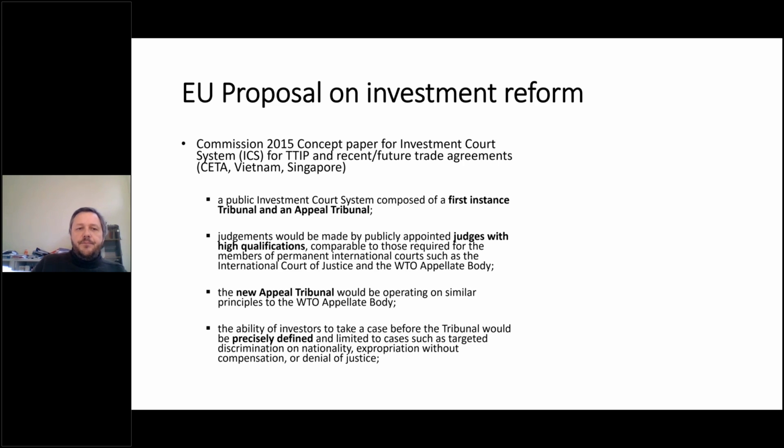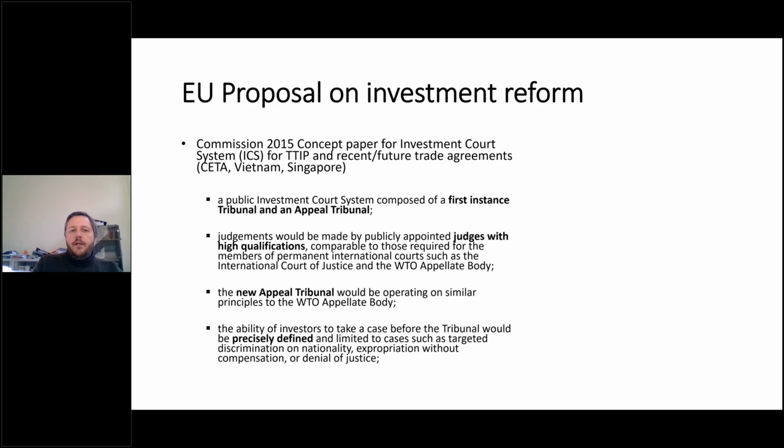And it's also trying to integrate these proposals in current bilateral trade and investment agreements. Some of the ideas the EU developed were proposed in the TTIP, so the negotiations for a large investment and trade agreement with the US.